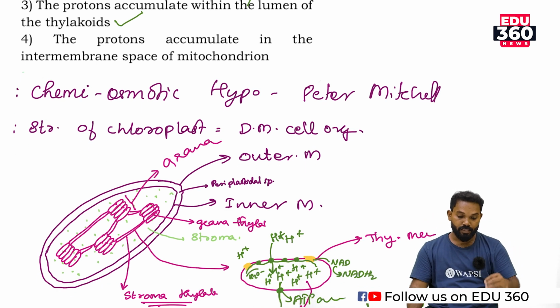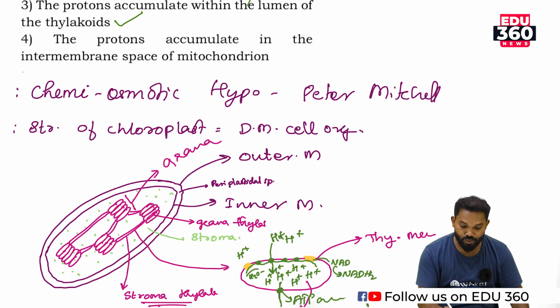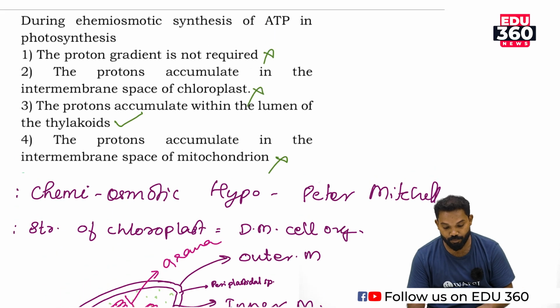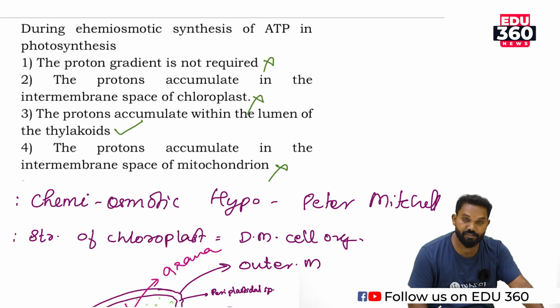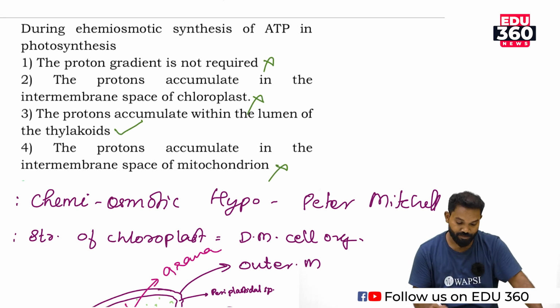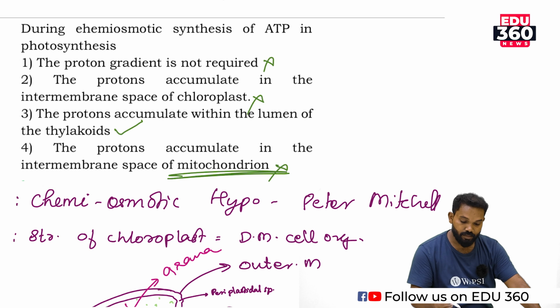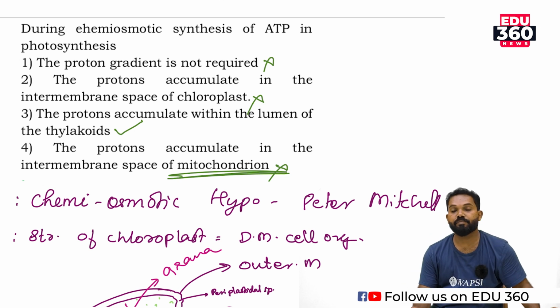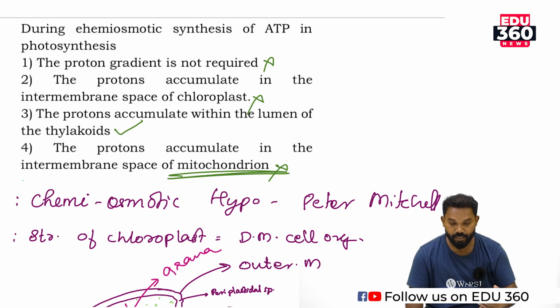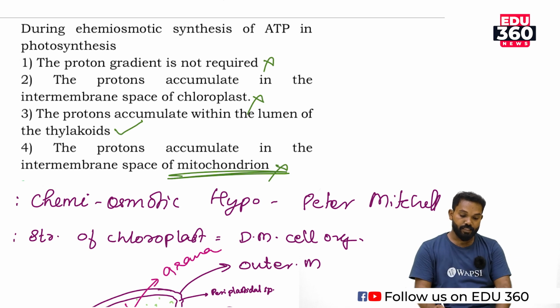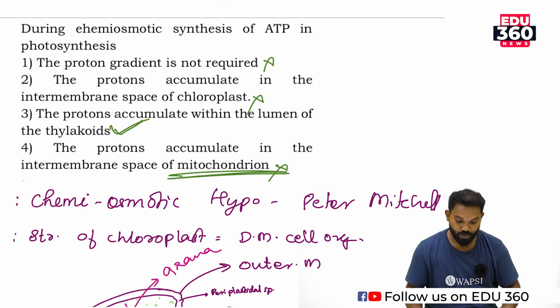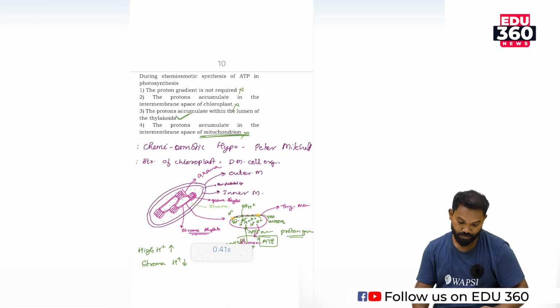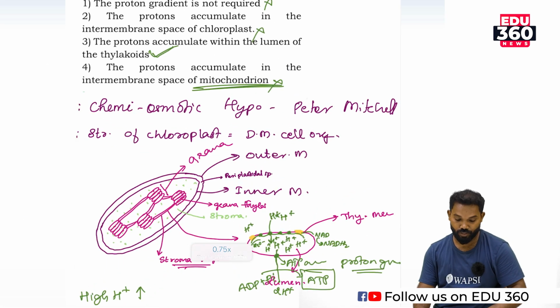And the proton accumulates in the intermembrane space of the mitochondria? The chemiosmotic hypothesis here explains ATP synthesis during photosynthesis, not in respiration. So there is no mitochondria; there is a chloroplast which acts as the electron carrier and in electron transportation and also ATP synthesis. So the answer is option 3, the proton accumulates within the lumen of the thylakoid. Okay, answer is 3.